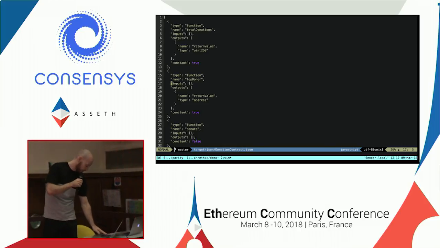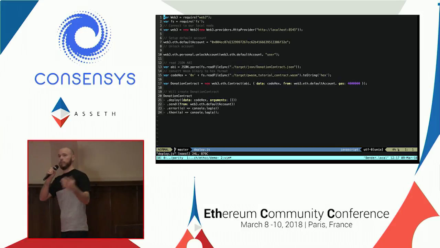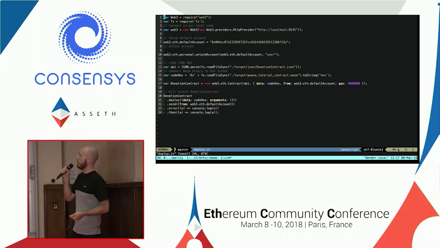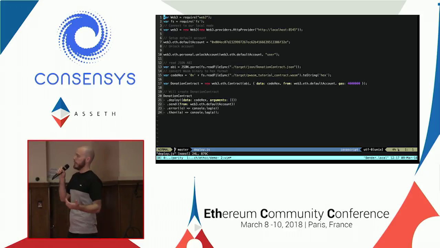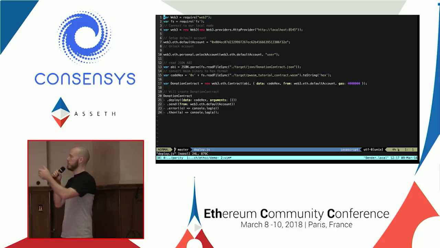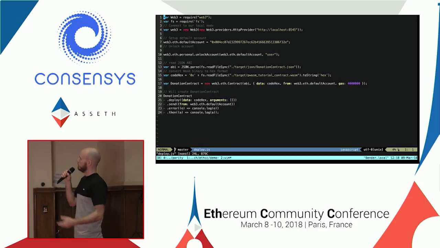And we can check a little deploy script here that I wrote. It just uses plain Web3.js, nothing special. We set the provider, which is the local host, set an account that has some gas in it, unlock the account, pull in the ABI that I just showed, pull in the data from the WASM binary, and deploy it.